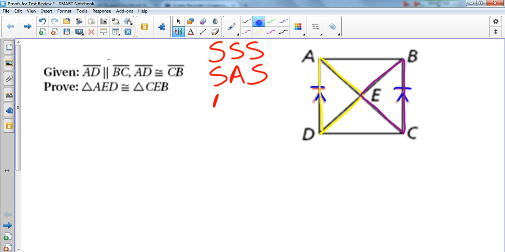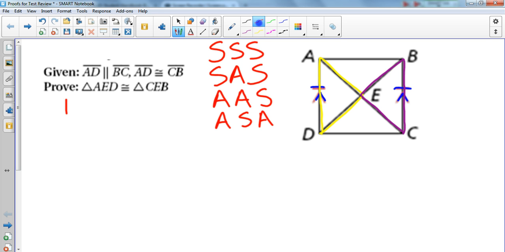Maybe we know that we have two angles that are congruent in the triangles and a side that's not in between the two angles, known as angle-angle-side. Or maybe we know that we have two angles and a side in between them that are congruent, right? So these are our triangle congruency combinations, and that's what we need to see if we can actually build and argue that one of these is true, and that forces our two triangles then to be congruent.